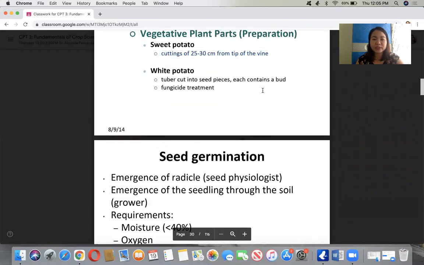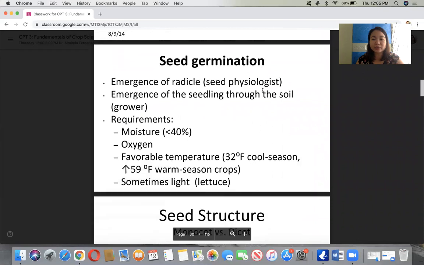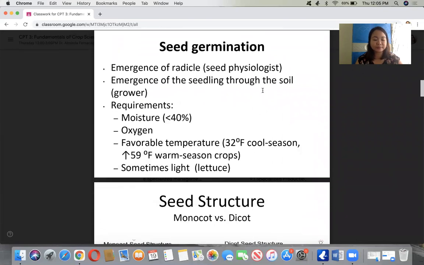To continue our discussion, we're going to talk about seed germination.